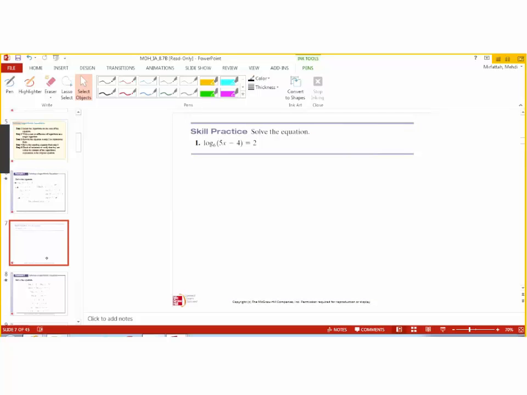Alright, let's take a look at this example here. I want to give you a minute to solve for x using this property. And again, those of you viewing this session, it's a good time to pause the session yourself, work this out, and see if you get the same answer. For the rest of you, I'll do the same. I will pause the session for a moment.